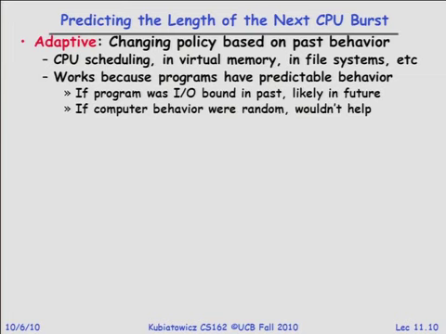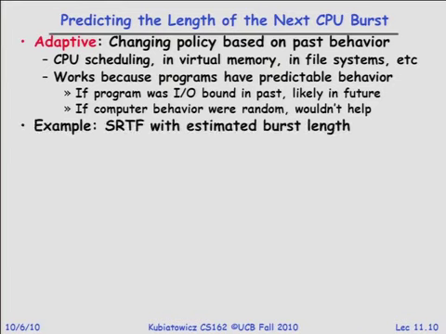Now, of course, if computer behavior were completely random, none of the techniques we might come up with would work, but we'd have other problems, like our memory system would be very bad because the caches wouldn't work well. Okay, so there's a lot of reasons why in today's computer age we depend on predictability crucially. That's a whole other philosophical topic.